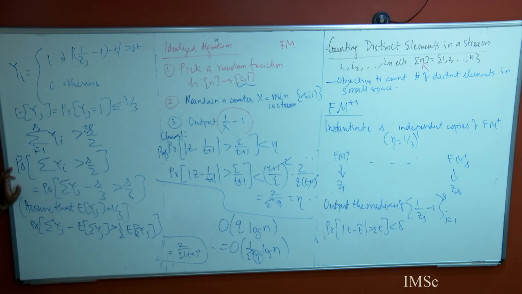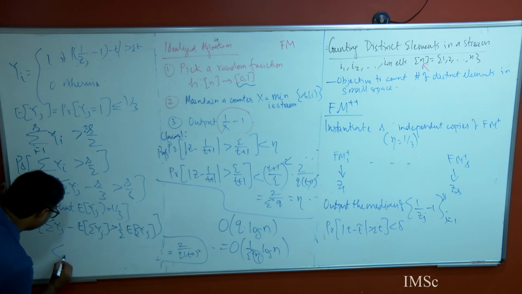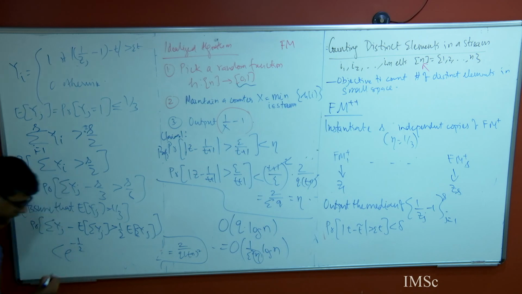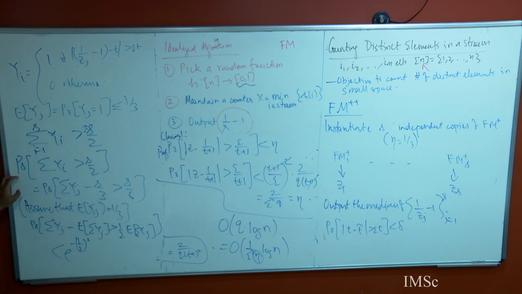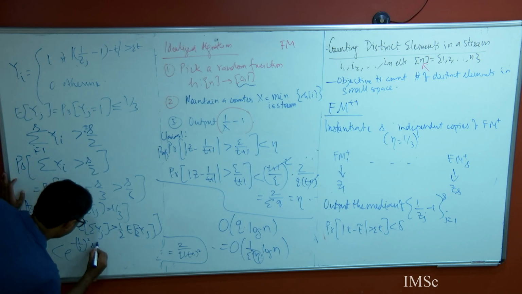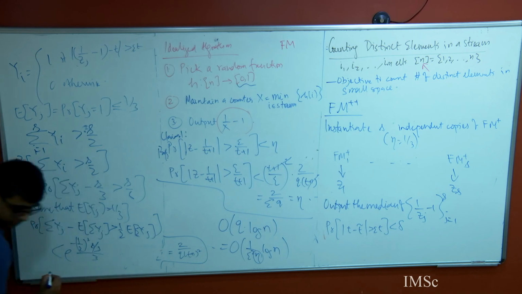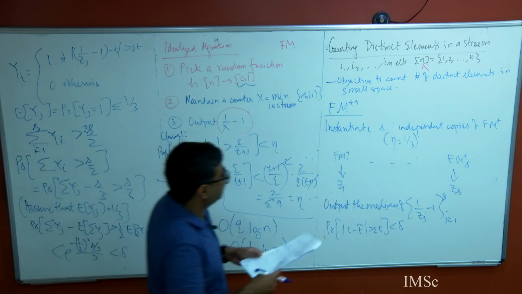And now if you apply Chernoff here, because now I do not even have slash, so you can actually get rid of 2, and what you will get is less than e to the minus half square s over 3 by 3, which should be less than or equal to delta. This is what I want. So all you need to do is instantiation, find s independent copies.